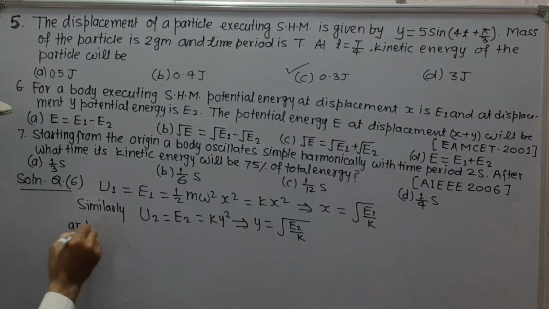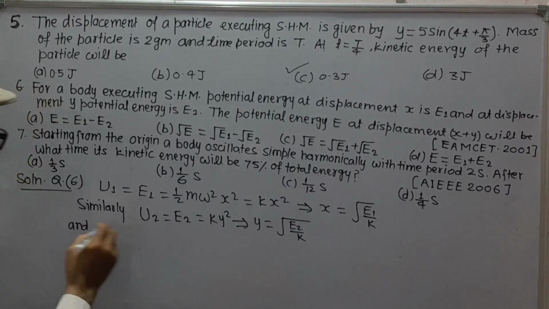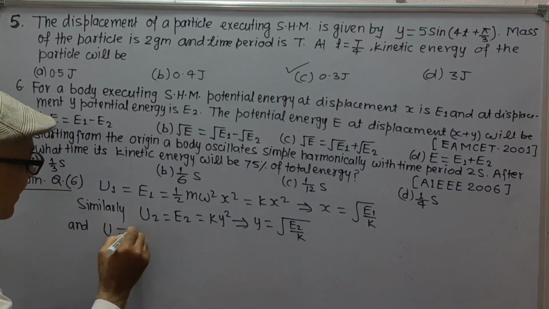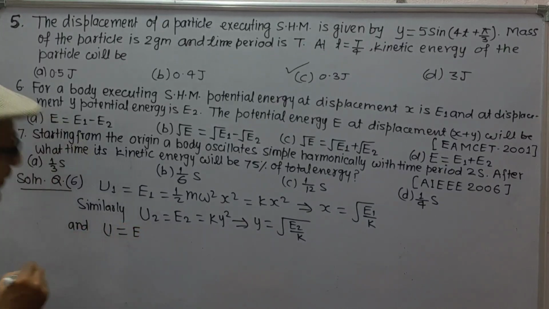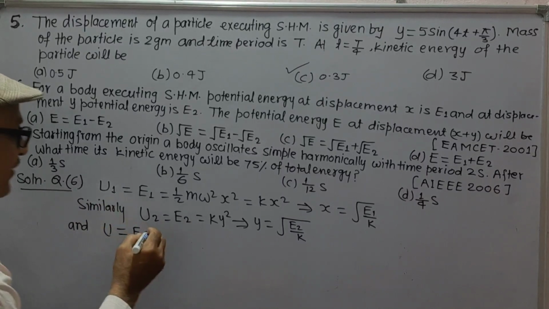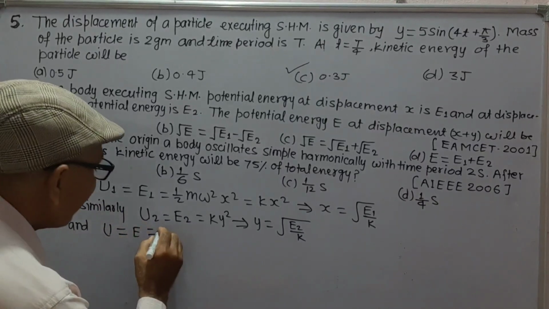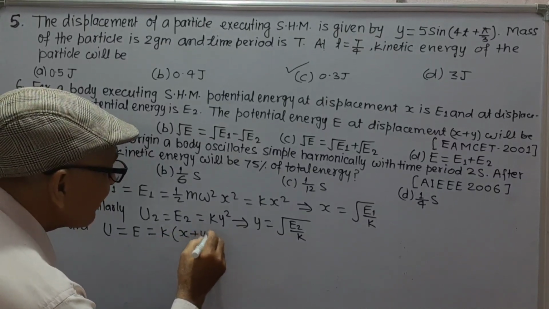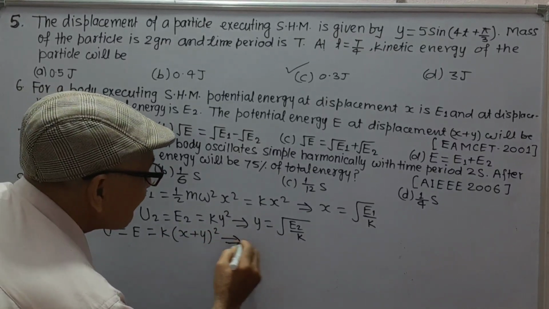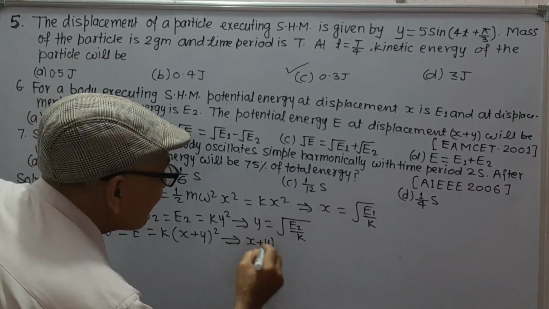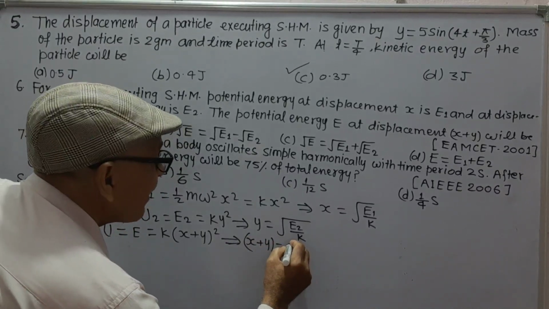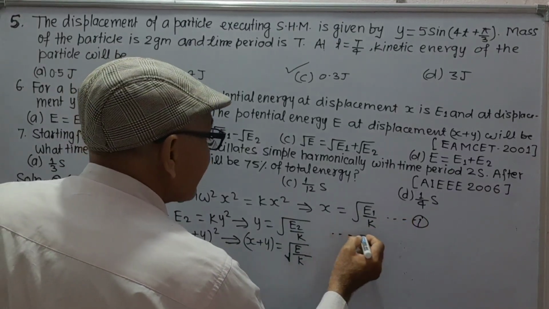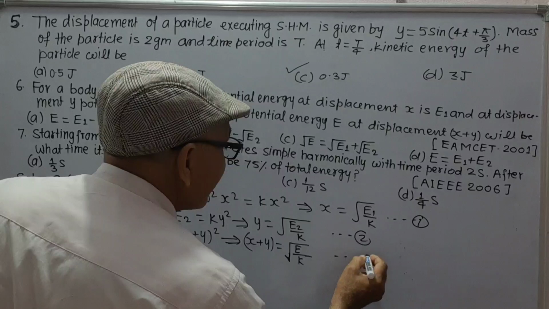and potential energy U, which is given to be E at displacement x plus y, will be equal to k into x plus y whole square, which gives x plus y is equal to under root E upon k. Suppose this is equation 1 and this is equation 2, this is equation 3.